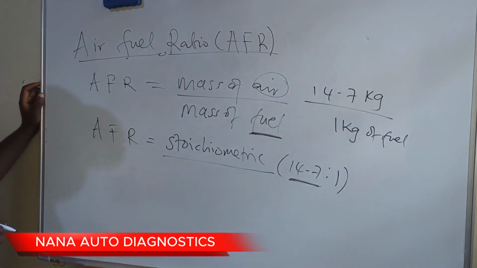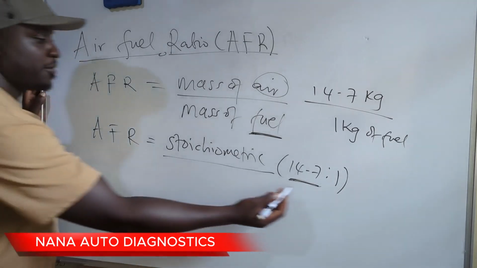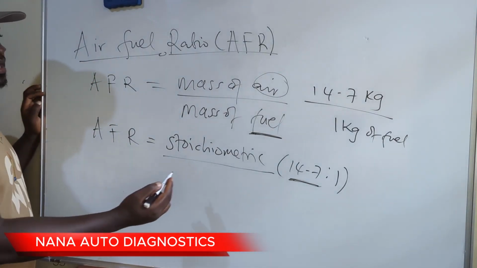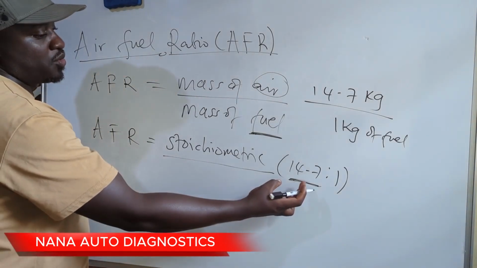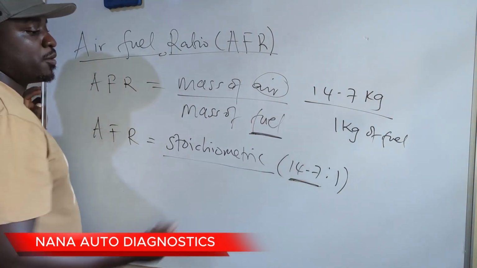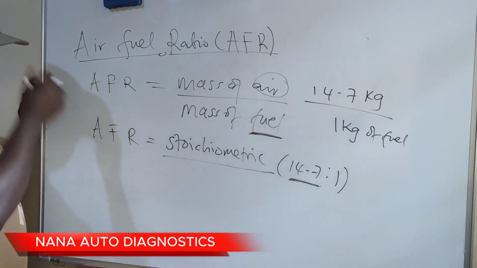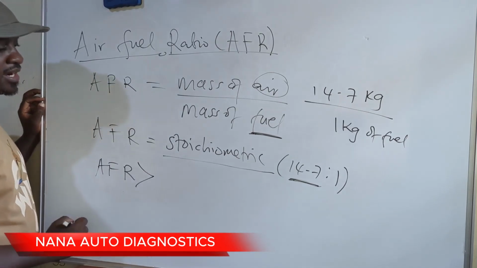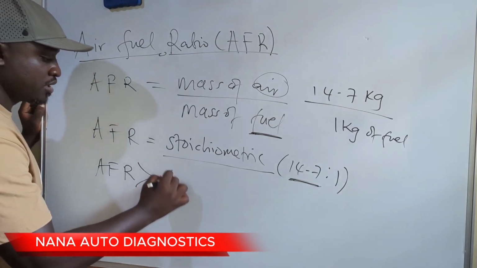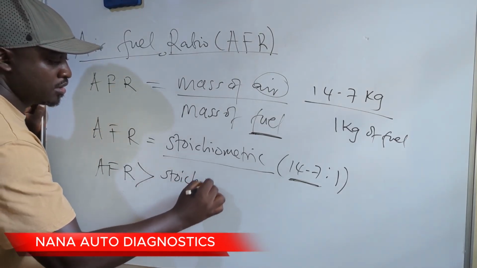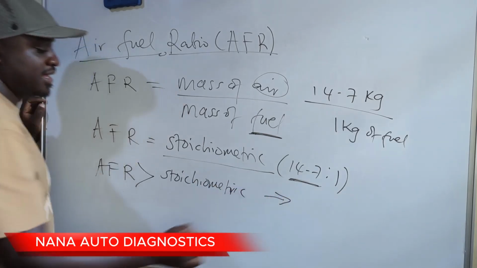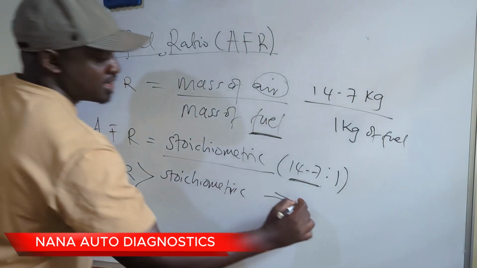Now, before we go ahead to establish where this comes from, let's explain what happens when this ratio goes above or below. Whenever the air-fuel ratio is greater than the stoichiometric, then we can say that this is lean.